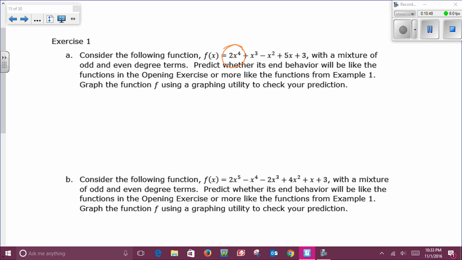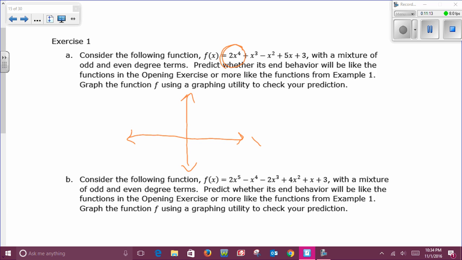Where we need to focus is right there on the first term, because that's my highest degree, like we've talked about before. So that is an even degree. So would it look more like the first problem I did or the second problem I did? And then use your graphing calculator to check your work.